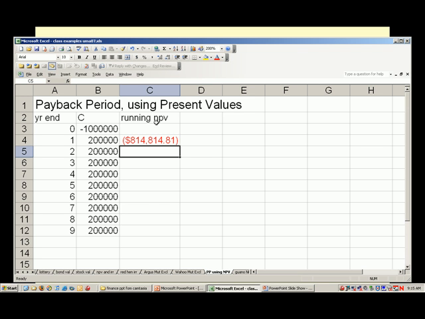Now let's see how to fill in this running NPV column fairly quickly. To do so, we need to modify our NPV function a bit. First, we want to lock this initial B4 cell reference by hitting F4. And we want to lock the B3 cell reference by hitting F4 in front of it.